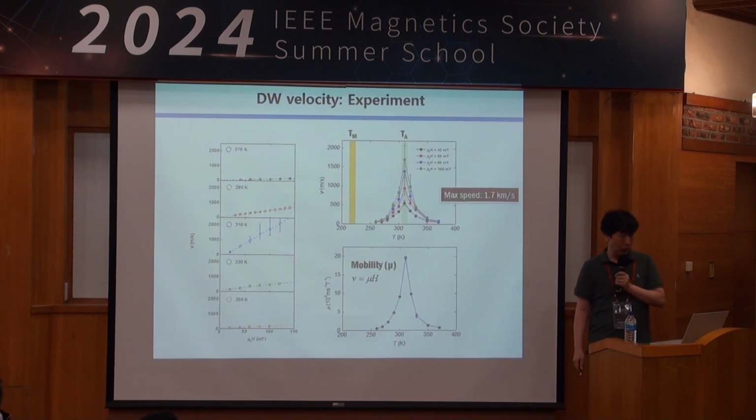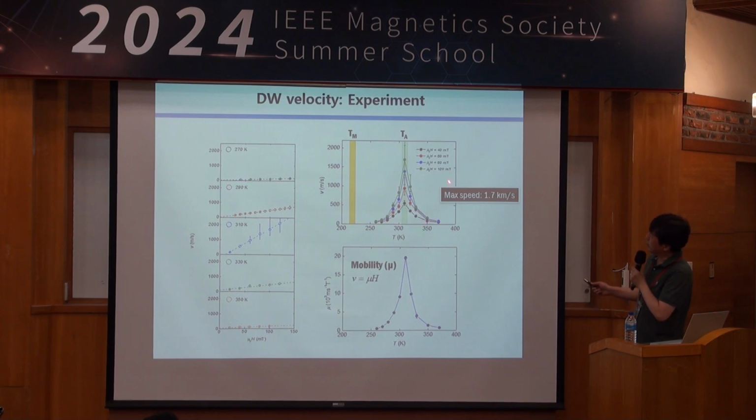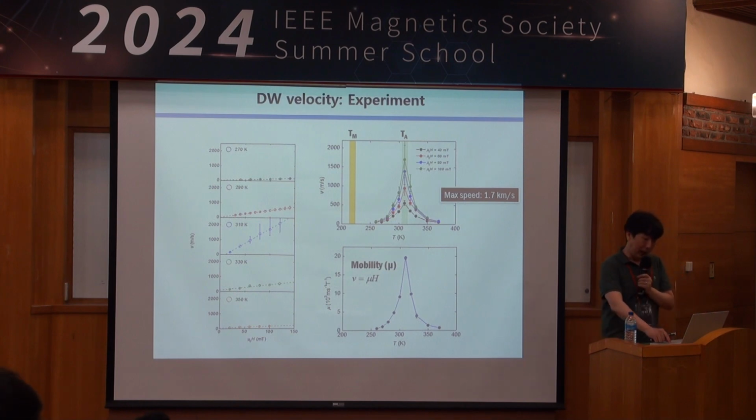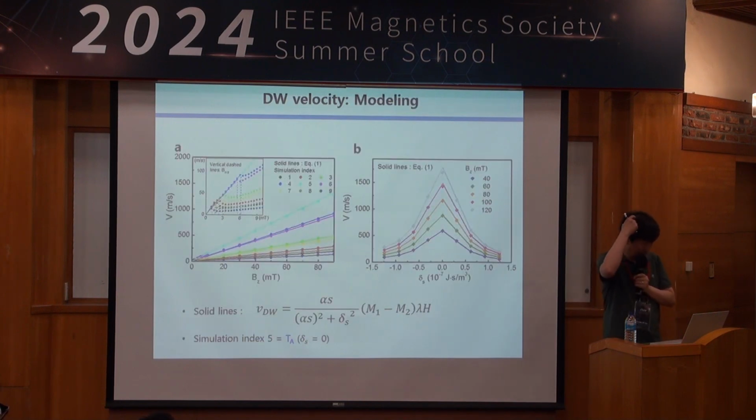Then they measured the domain velocity using the method that I have explained before at different temperatures and summarized the result here. They observed that domain velocity becomes very large at a temperature of 310 K, which is very different from the magnetization compensation point. Then they asked why we have a large domain velocity at this temperature, not here. So we did a theoretical and numerical study.